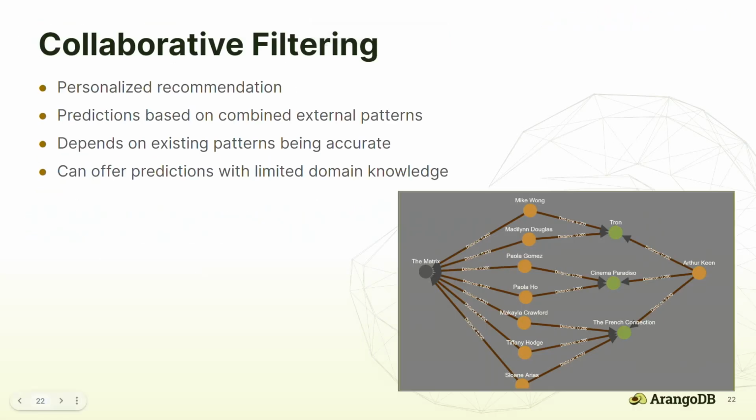And the next method that shows up often with recommender systems is collaborative filtering. This can also offer personalized recommendations, but it is typically a little less personalized because it doesn't require as much domain knowledge. It is figuring out these predictions for you, rather than us specifically saying we want similar movies based on the similarity of their description.